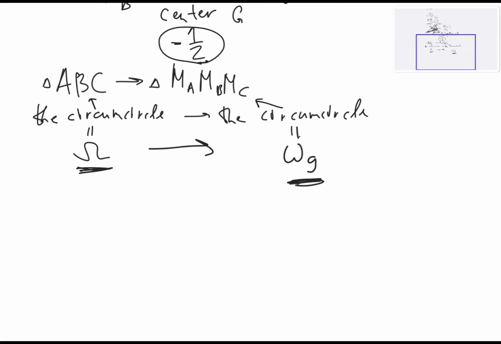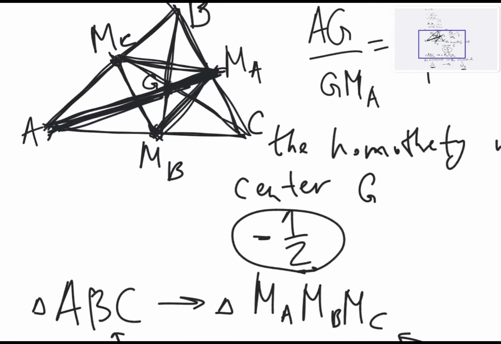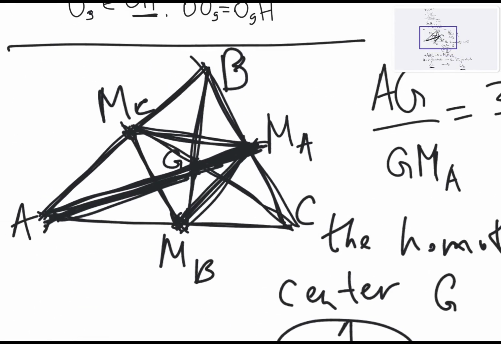So from this homothety, again, so G, somewhere here we have the center O of the circumcircle, and the center of the 9-point circle. Well, there is not much place to display anything here on this picture.